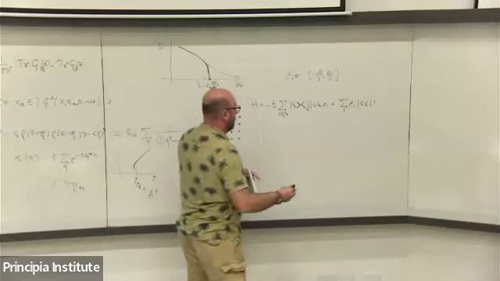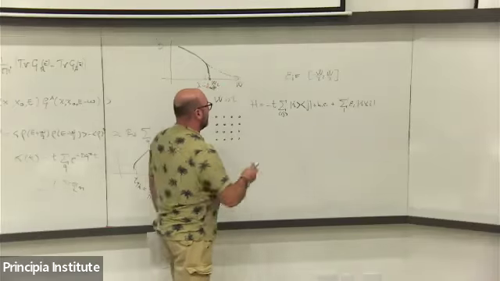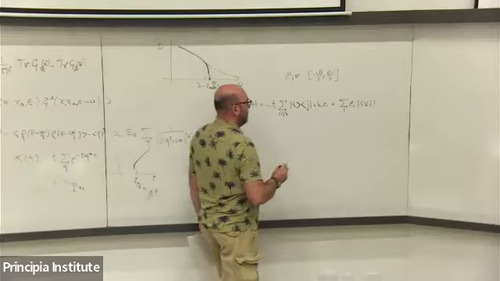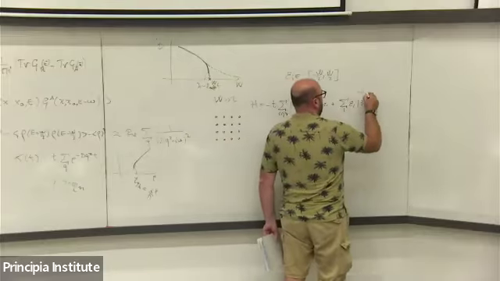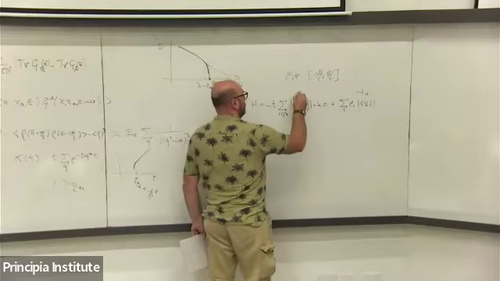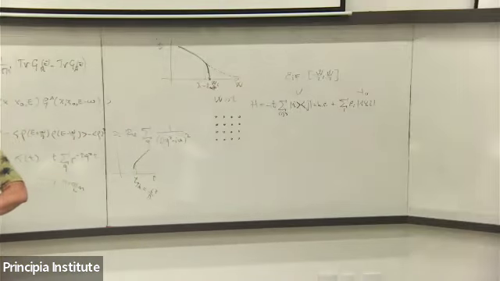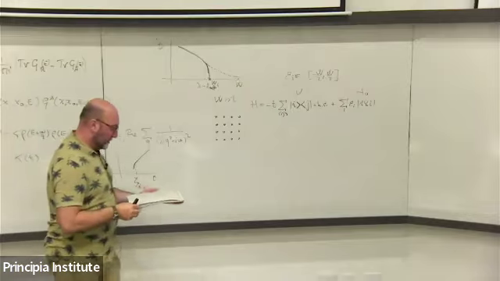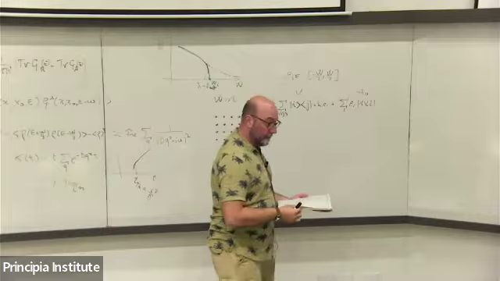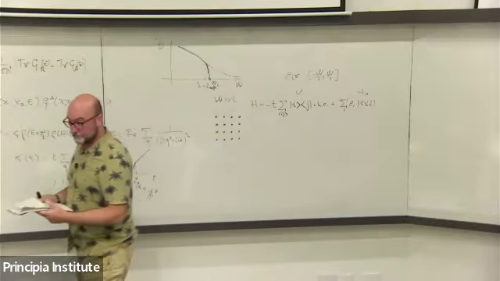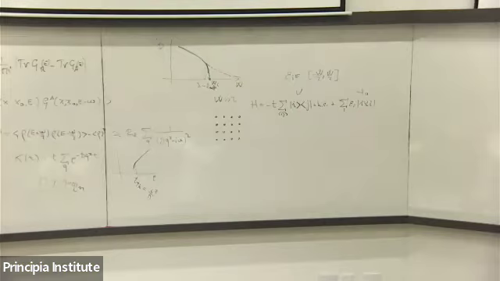So what am I saying? I'm saying that this will be the unperturbed Hamiltonian, and this will be the perturbation. And then I have to do some kind of perturbation theory. Good.